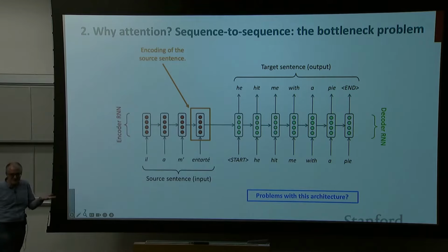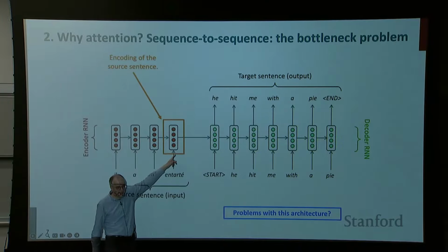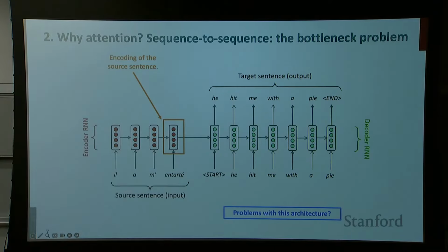And well, obviously there are crude solutions to this. You make the hidden states bigger, and then you've got more representational space. You use a multi-layer LSTM, you've got more representational space. But it still seems a very questionable thing to do, and it's certainly not like what a human being does, right? Like if a human being is translating a sentence, they read the sentence and they've got some idea of its meaning, but as they start to translate, they look back at the earlier parts of the sentence and make use of that in their translation.